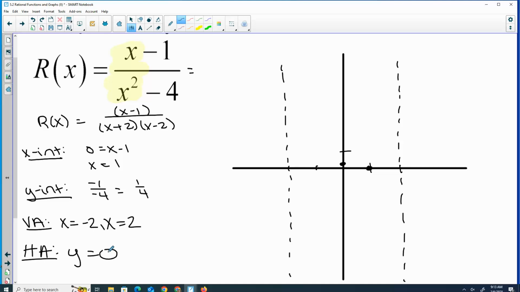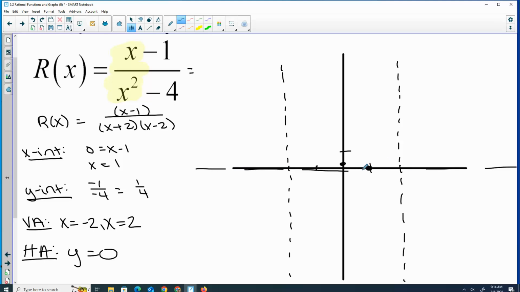So if the top degree is smaller, it's always y equals 0. If they're the same degree, we're just dividing those leading coefficients. When the top is 1 higher, that's when we saw those oblique asymptotes on Tuesday, where we had to do the long division. Okay, so horizontal asymptote at y equals 0.